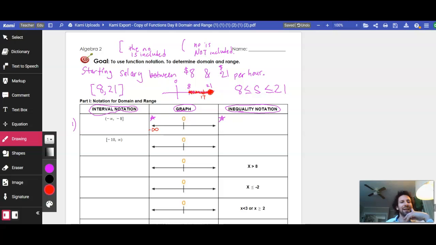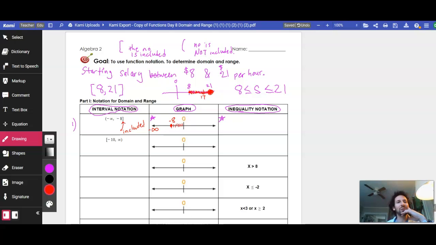And negative 8 is going to be 8 units to the left of 0. 1, 2, 3, 4, 5, 6, 7, 8. So negative 8. And we have a bracket here, so that means we include the number negative 8. That means negative 8 is included. So we're going to fill in the bubble at negative 8.